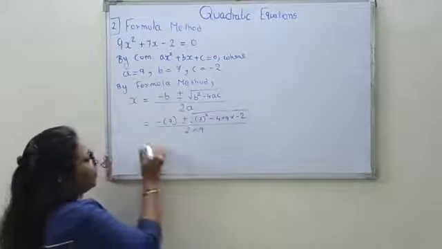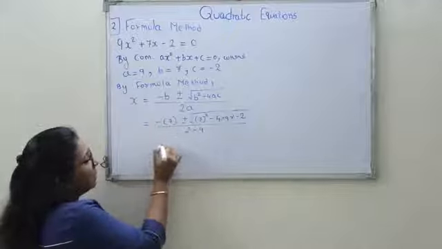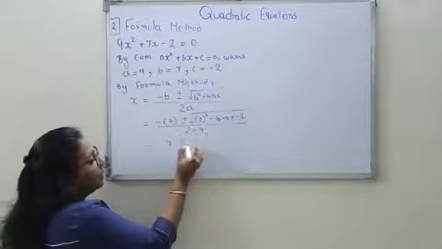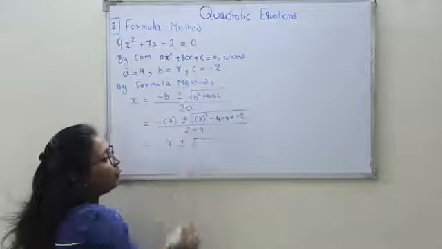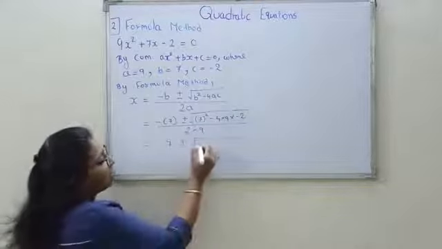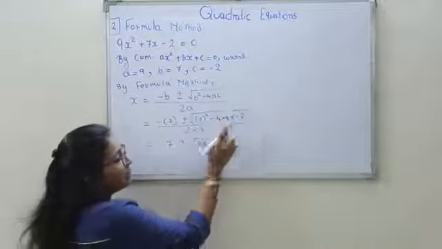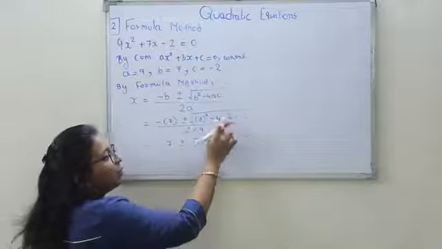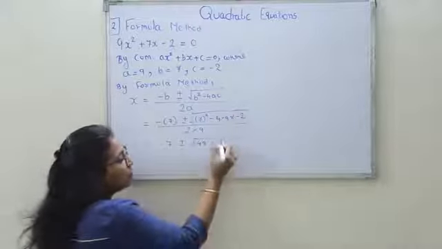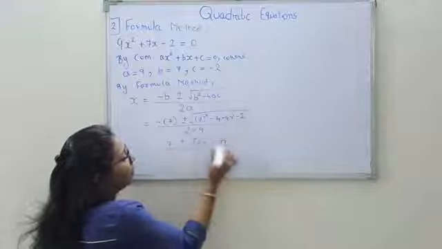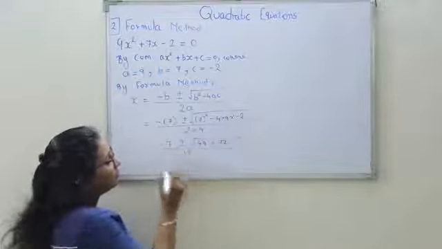Let us simplify. Minus into 7 is nothing but minus 7 plus minus, 7 square is 49 here, minus plus 4 2s are 8, 9s are 72, the whole upon 9 2s are 18.